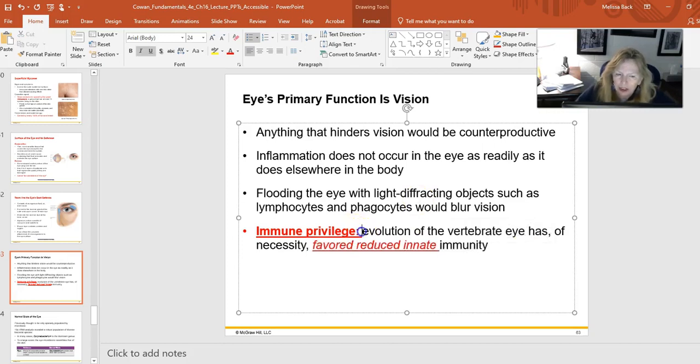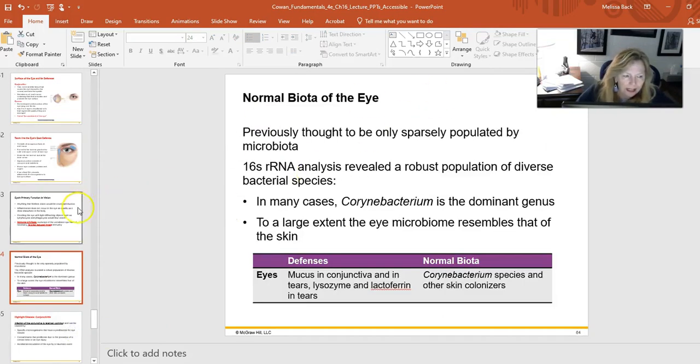The eyes are protected against that, which is a catch-22, but they are kind of protected. If they didn't have this, almost every day of our lives we would probably have some mucus draining from our eyes. We need the eyes to remain clear because we need to see. So that's what immune privilege means.